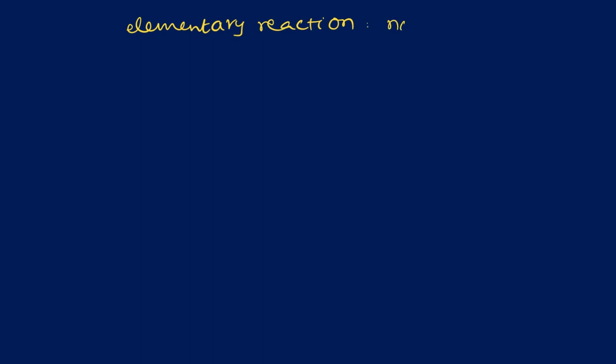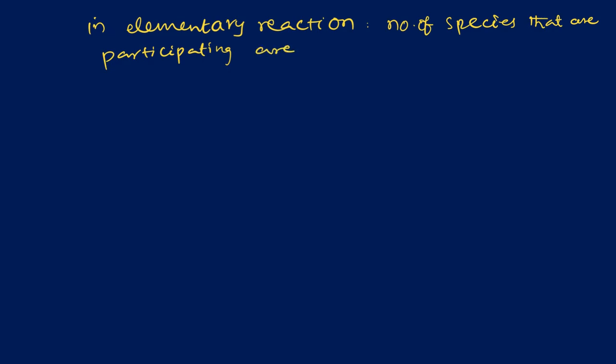So the number of species that are participating is called the molecularity.